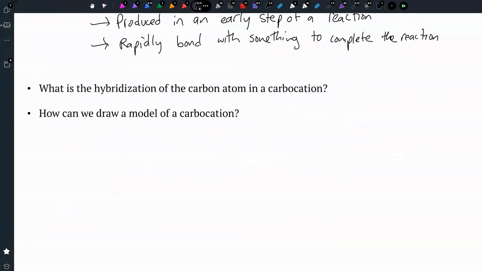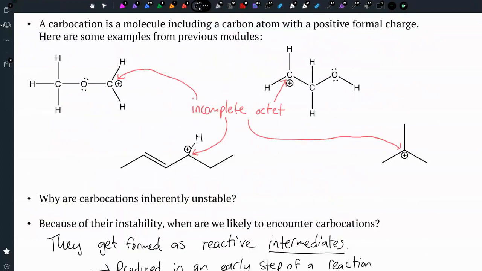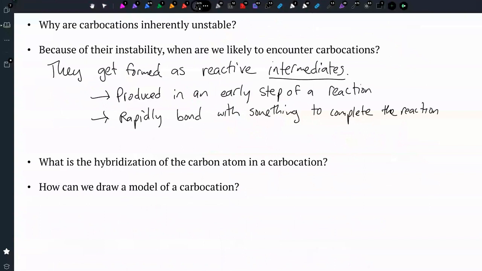So whenever we encounter things, we like to think about their hybridization. So if I look at my pictures of carbocations, they're bonded to 3 atoms with no lone pairs. So think about that for a moment. What hybridization does that lead us to? They're going to be sp2 hybridized because they've got 3 electron domains.